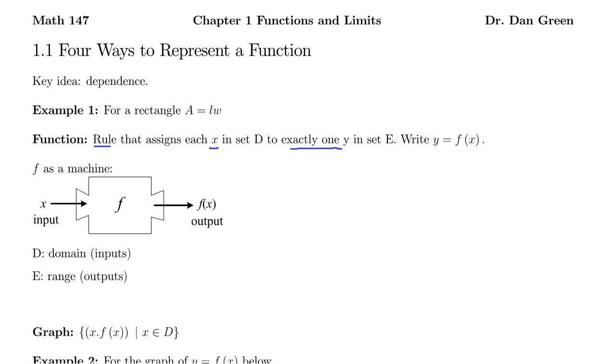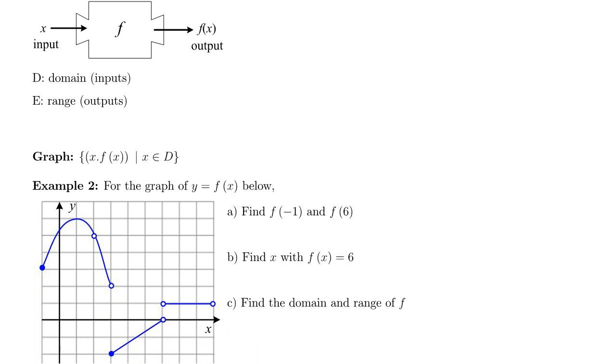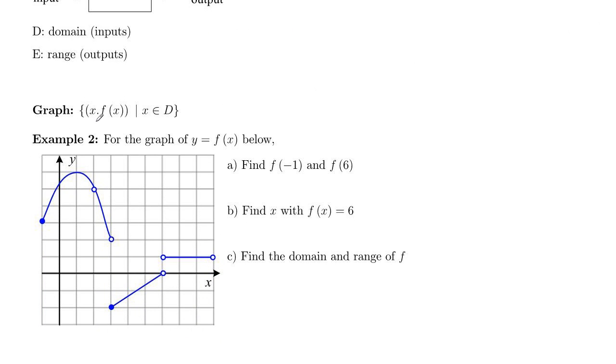So remember that the graph of a function is the set of all ordered pairs (x, f(x)), where x is in the domain of the function. So for example, in example 2 here, we've got a graph of y equals f(x). It's a piecewise function here. And notice that we've got some holes in the graph at several places here, and then we've got some jumps in the graph too.